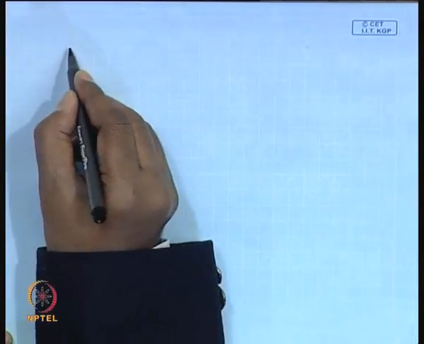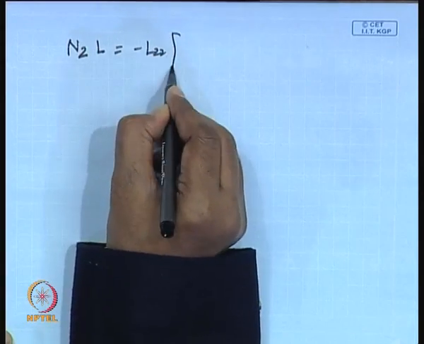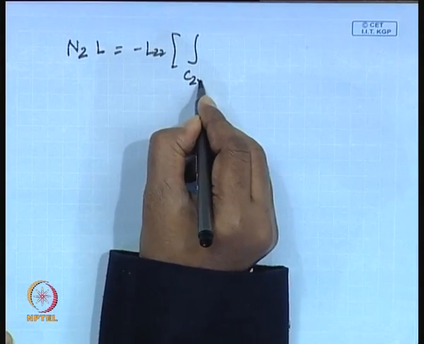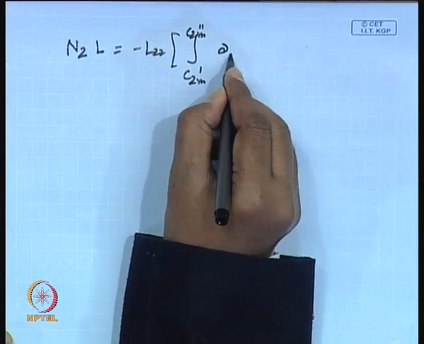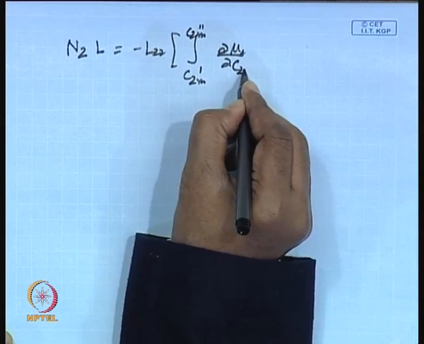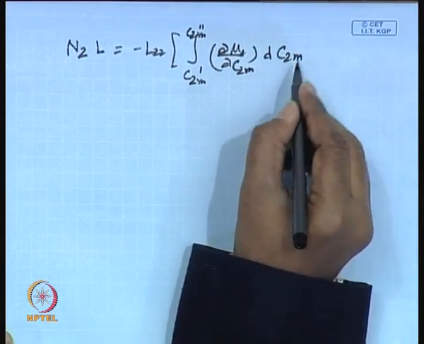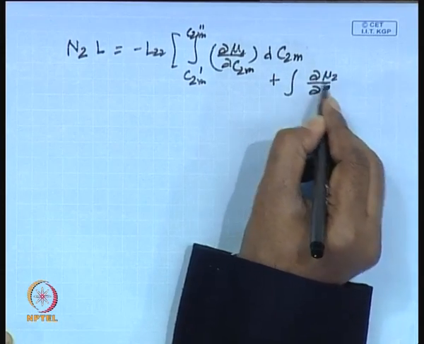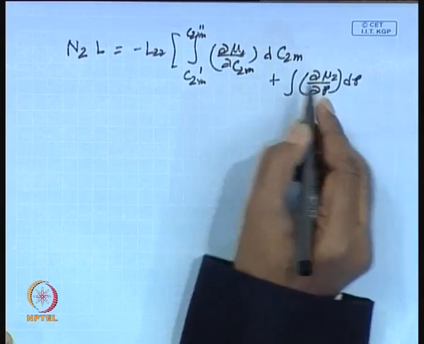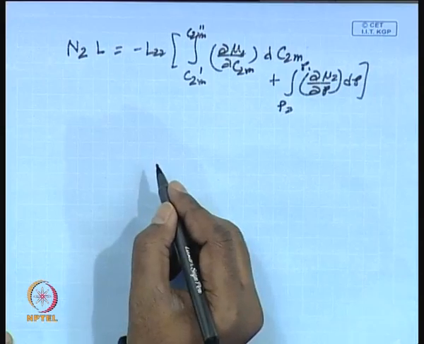After integration, we get N2 L equal to minus L22 times, in brackets, the integral from C2m prime to C2m double prime of del mu 2 del C2m dC2m plus the integral of del mu 2 del p dp from P2 to P1.